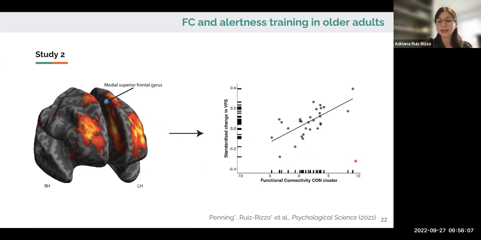More specifically, higher functional connectivity at baseline was associated with higher change or higher improvement in visual processing speed. And so then this again tells us that the variability we observe in the level of gain after this cognitive training can be explained by the level of functional connectivity.